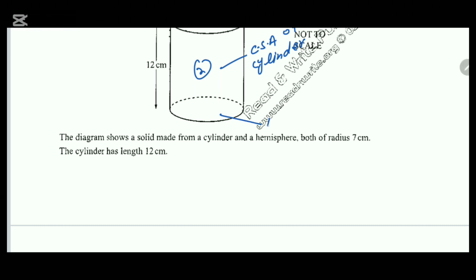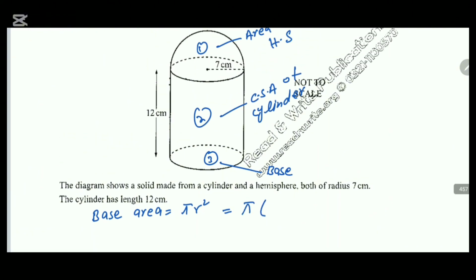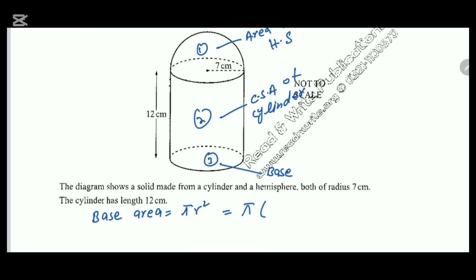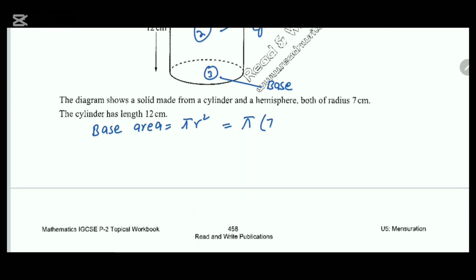This is also a third surface, the base, and that is of a circle. So base area is equal to pi r square. What is r? 7 centimeter. You can see it is given here. Radius is 7, square, that will be 49 pi.